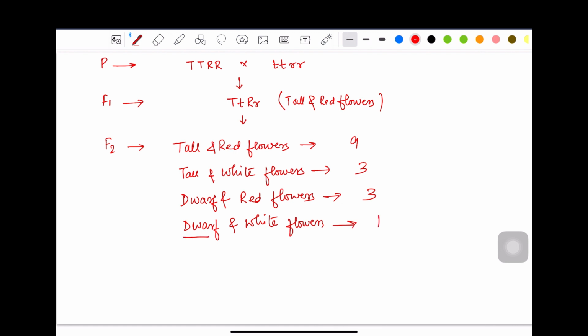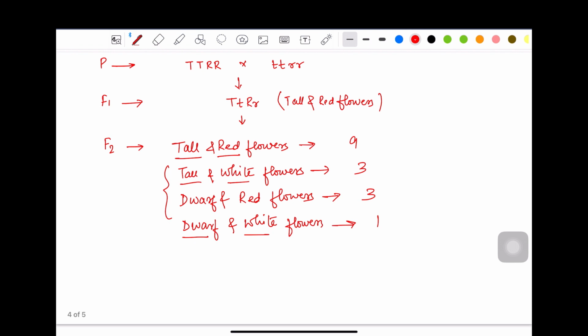When both of them are recessive, and here both traits are dominant, and in these two, one is dominant and another is recessive. Similarly, one is dominant and another is recessive. So this is the ratio 9:3:3:1 that we are supposed to get.